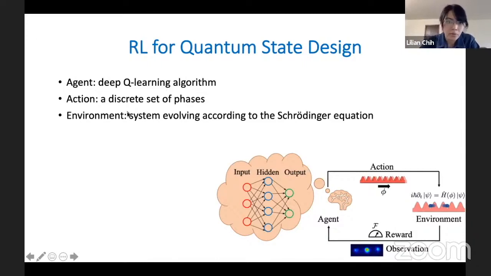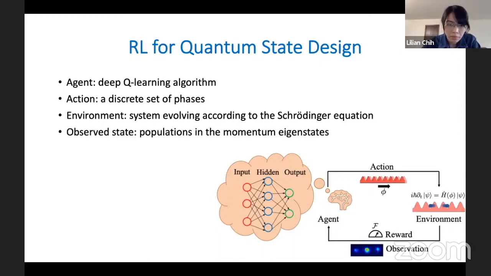The environment is the quantum system evolving according to the Schrödinger equation. The state is defined as the populations in the momentum eigenstates. And this is a real observable in experiment.